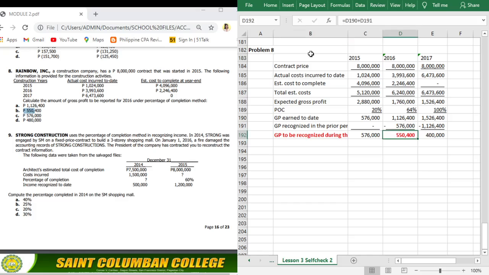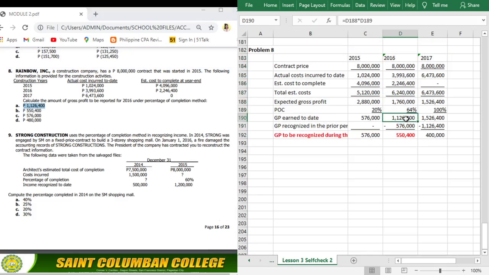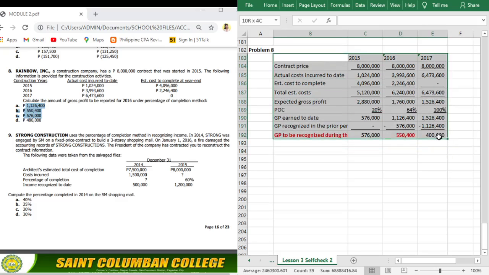So, you should know what is being asked, because as you can see, almost everything is in our table. The 1,126,400 we got in 2016, but that was already the cumulative amount. The 576,000 we got in 2015. The 480 is not used here. So if you cannot identify in our table what the question is asking, then you will still be wrong.